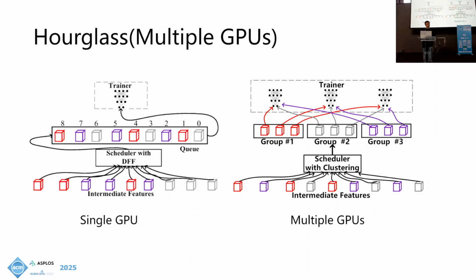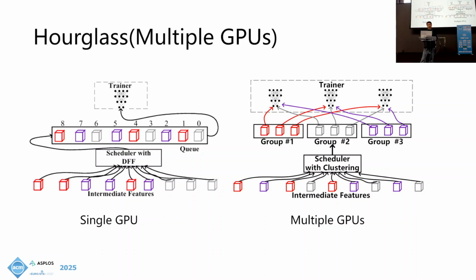So in single GPU, we try to make the dissimilar features closer, based on the advantage of the single GPU configuration. In the multiple GPUs, we also try to make the dissimilar intermediate features in the same GPU for the server-side training.